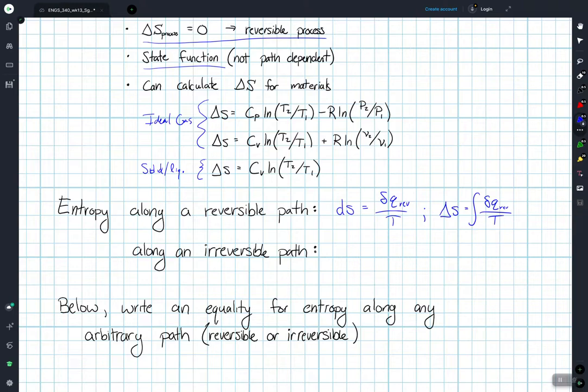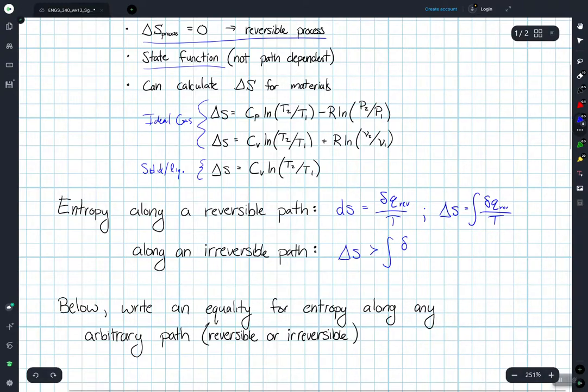Along an irreversible path, we can't write equalities like this. So we can write an equality like the two that I have up there for reversible paths, but we can't for an irreversible path. So for an irreversible path, we have to write an equation something like this. We could write delta S is greater than or equal to the integral.